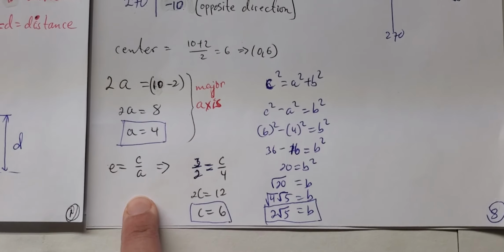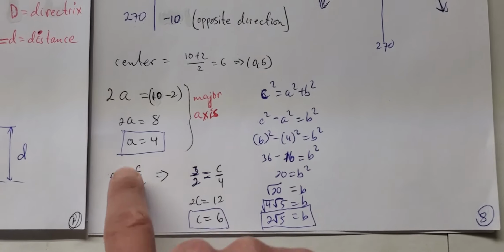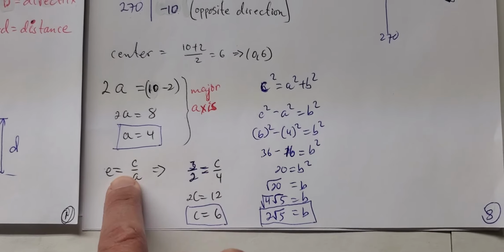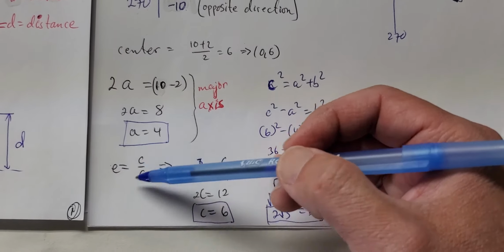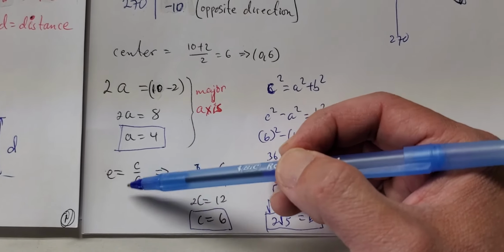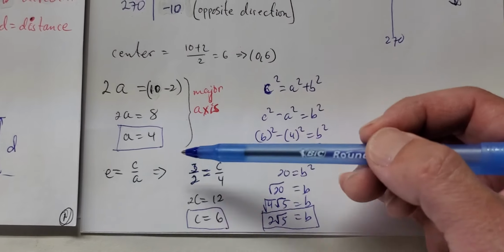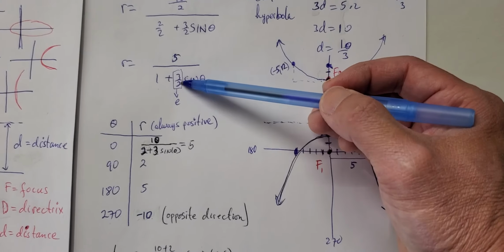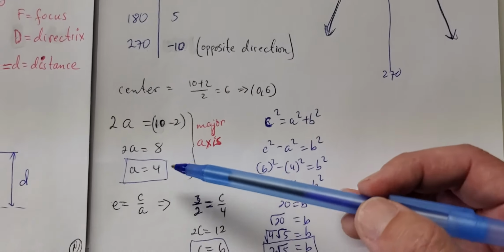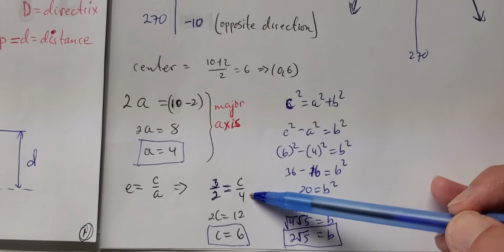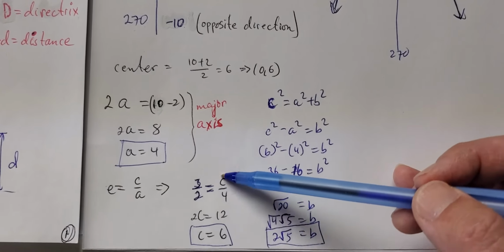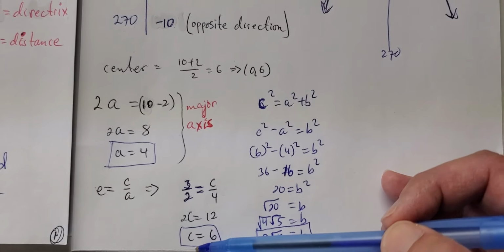Now let's find C. Again, this formula right here is only for hyperbola and ellipse. We know what E is, 3 over 2. Where did I get this number? Up here. And we know what A is, which is 4. So cross multiply. 3 times 4 is 12. 2 times C is just 2C. Divide by 2.